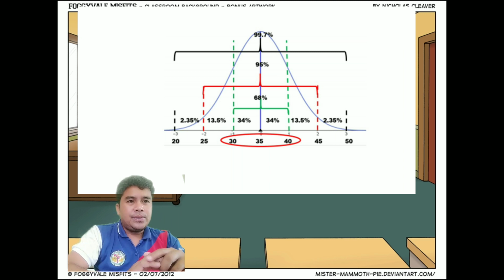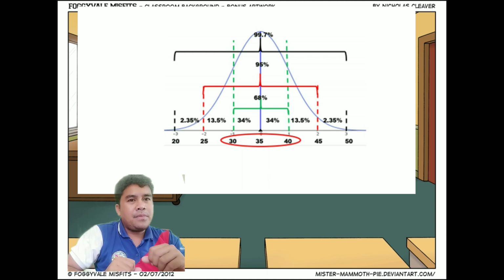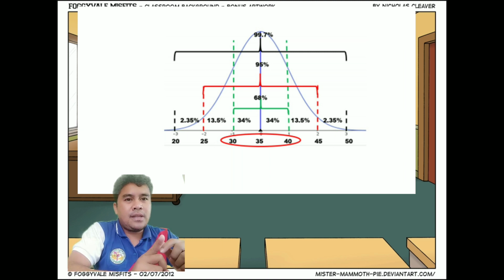So we have here, our mean is 35. And to the right, we have 35, 40, 45, 50. And to the left of our mean, we have 30, 25, and 20.